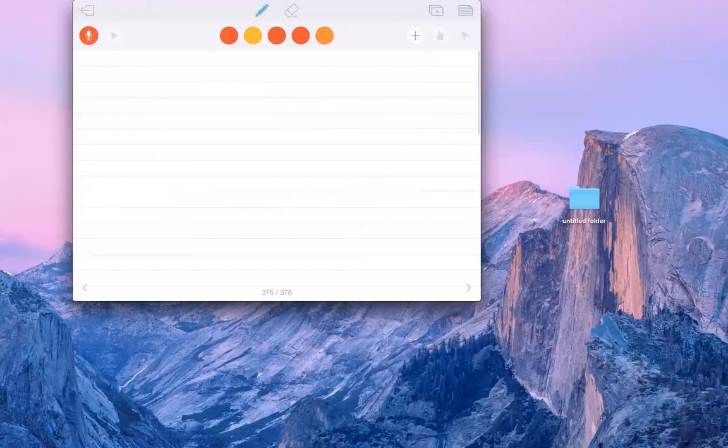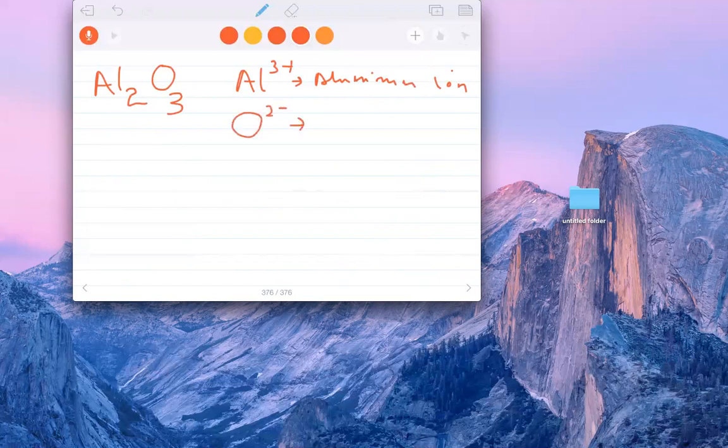This one, I used this before. How do I name this now? This is Al3 here. This is aluminum ion. And this 2 right here is oxide ion.